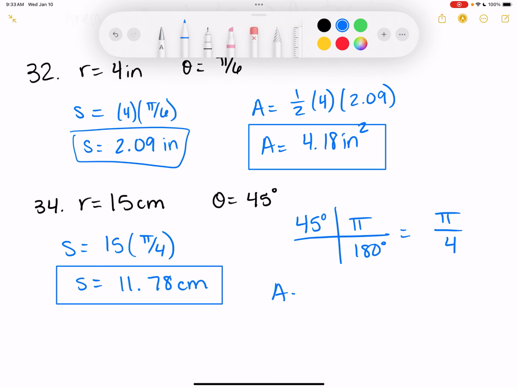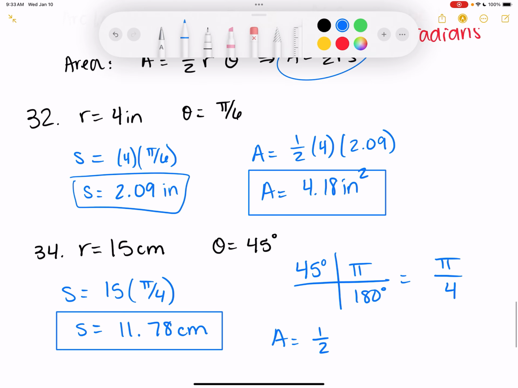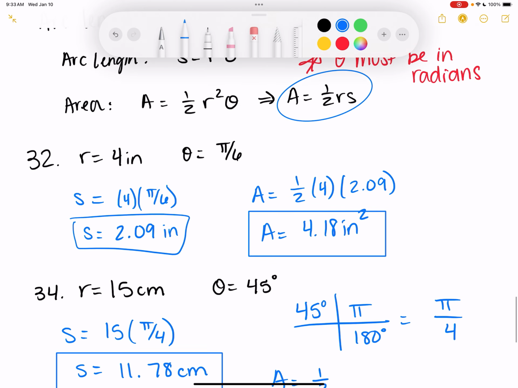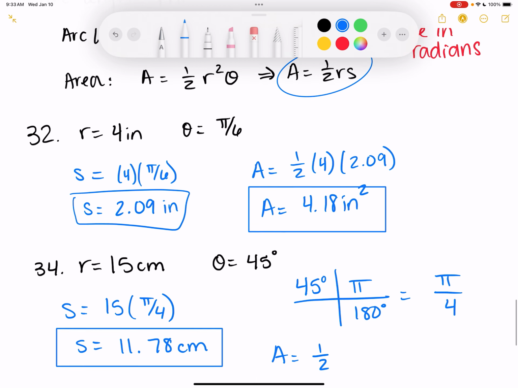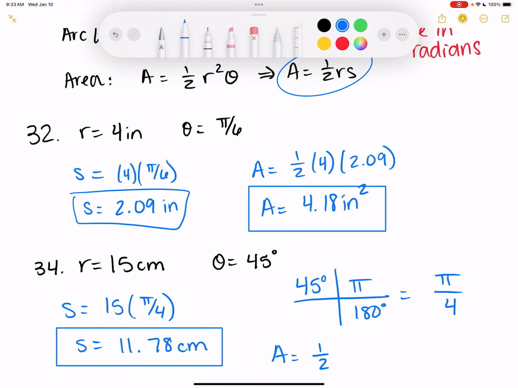Then area. I'm going to do this area not using S, so I'm going to use the original area formula just so we can see that one worked out once. So 1/2 times r squared, so 15 squared times pi over 4. And like I said, the answer is going to be the same either way. That way you've just seen both of them worked out.